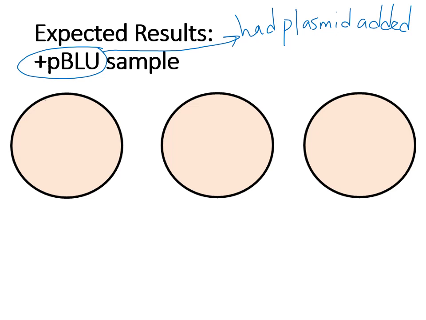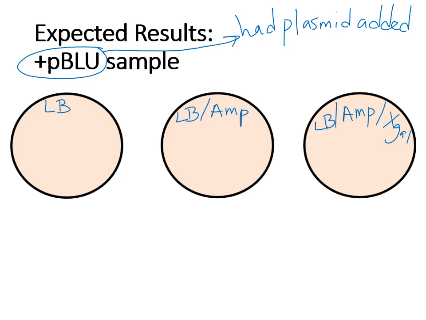Now you use the same 3 types of plates that you use in the control. You use LB, you use LB amp, and you use LB amp X gal. Okay, and now with this, you have the first plate.